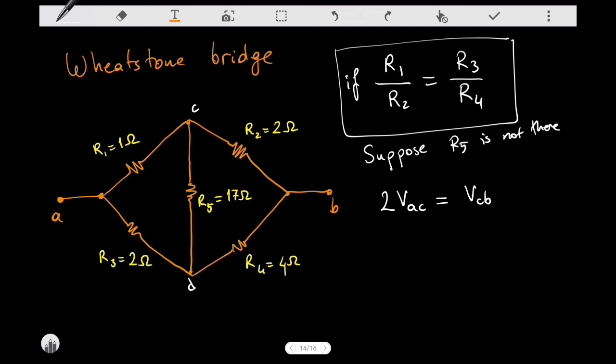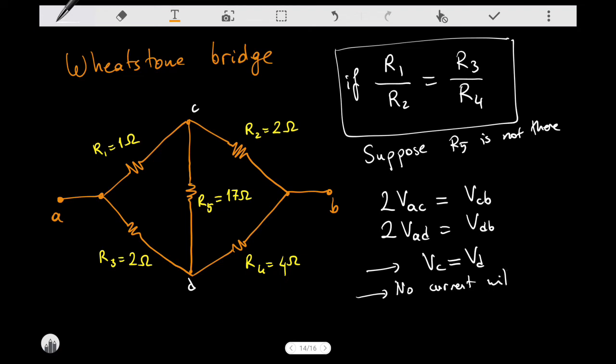Okay. So, of course, since the ratio is the same, I can also say the same thing for the AD and DB branches. And so, therefore, the potential of point C is the same as the potential of point D. And again, in that case, no current will flow.